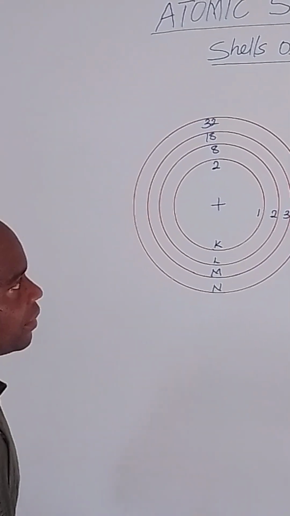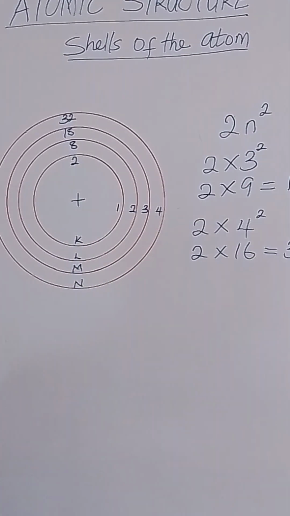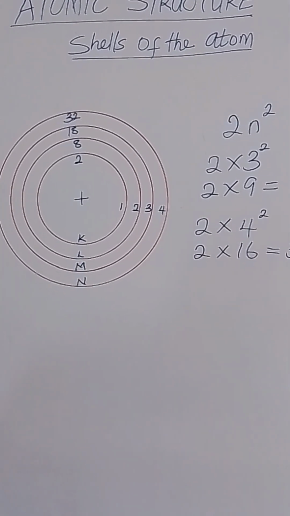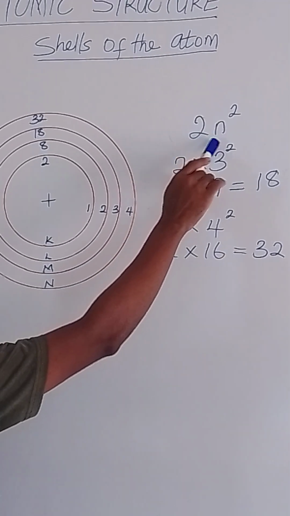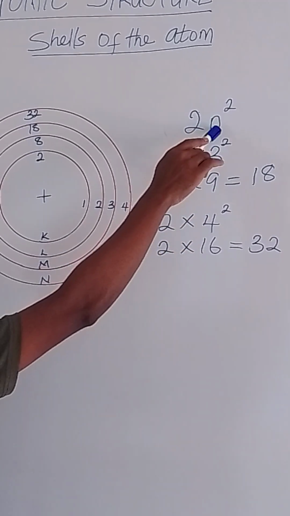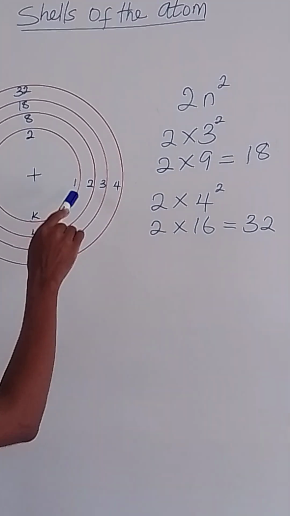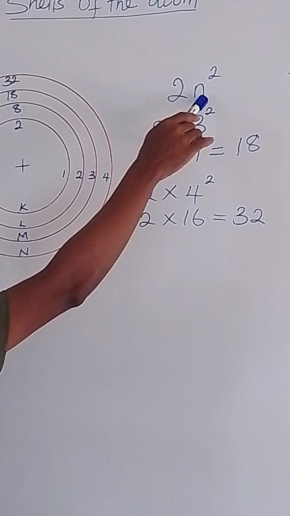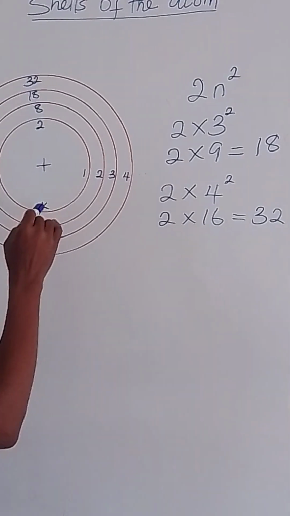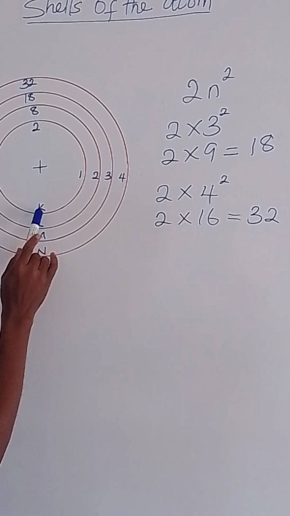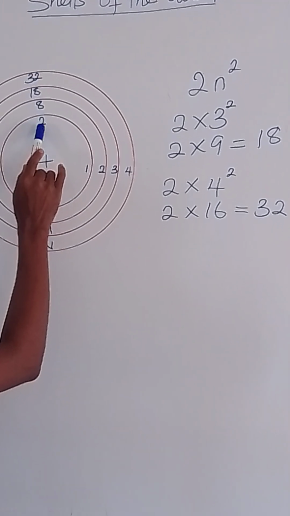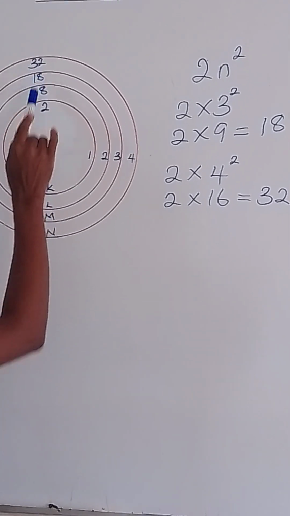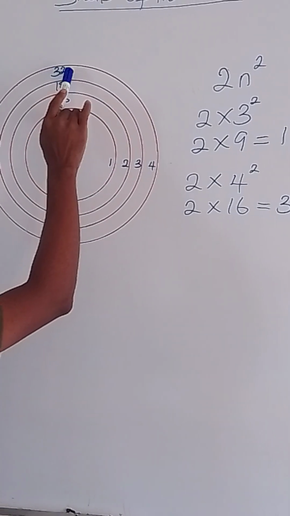The formula that we can use to determine the maximum number of electrons that can enter into each of these shells is 2n squared. So in the distribution, the maximum number of electrons that can enter into the K shell is 2, L is 8, M is 18, and N is 32.